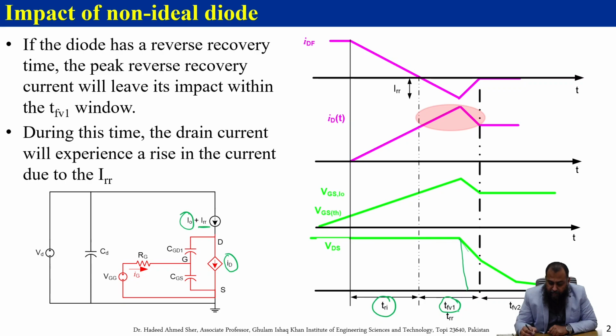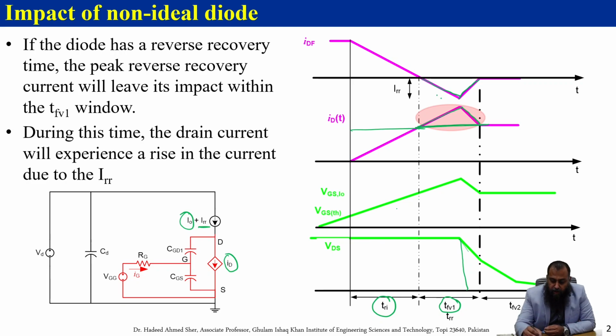In this particular time instant, this is the drain current that it has to achieve. Rather than having its value straight set at this ID, it will go on to this value such that it takes into account the IRR that will also flow in addition to the I naught available here. And this IRR has to come to an end after we replenish the time TRR for that freewheeling diode.